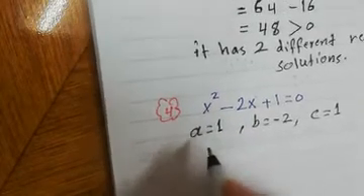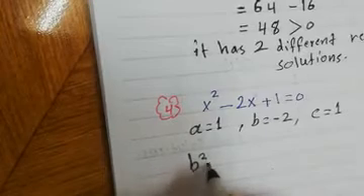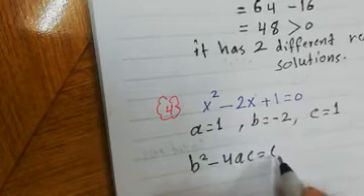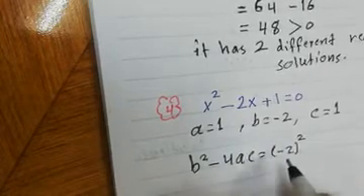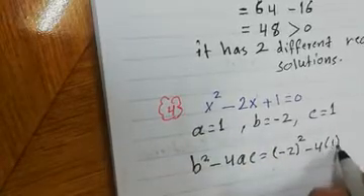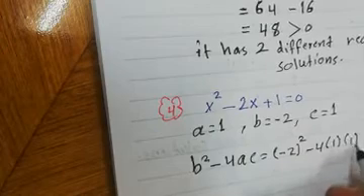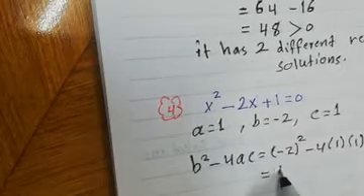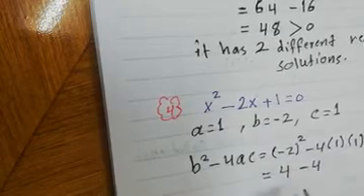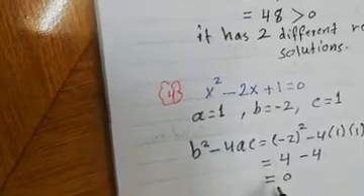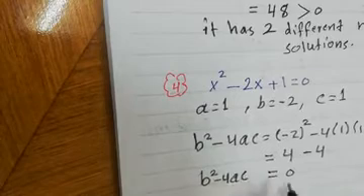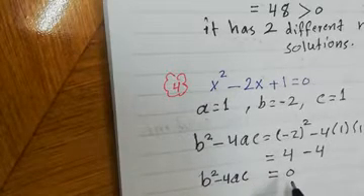Now this discriminant, which is b squared minus 4ac: b squared is negative 2 squared, minus 4 multiplied by a, which is 1, multiplied by c, which is 1. It will be negative 2 squared, which is 4, keep the minus, 4 times 1 times 1, which is 4, and the answer is 0. Now the discriminant in this case is 0. And this is the third case.